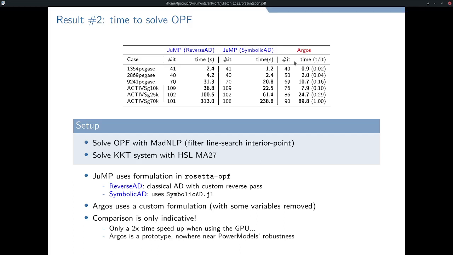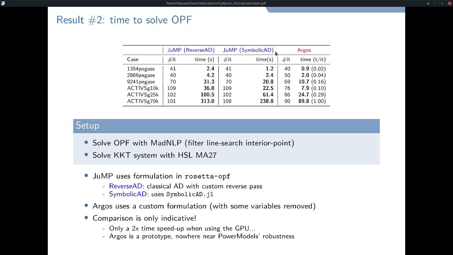So this benchmark is only indicative, but still we can observe that on the larger cases, case active 10K, 25K, and 70K, Argos is about 2 times faster than JuMP with the symbolic AD backend, recently developed by Oscar Dawson.